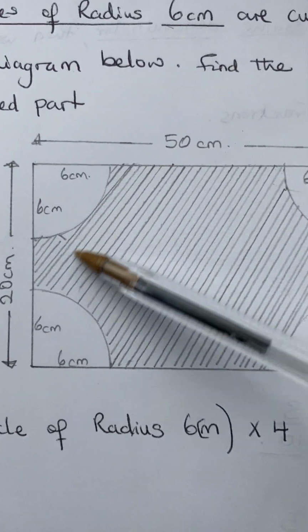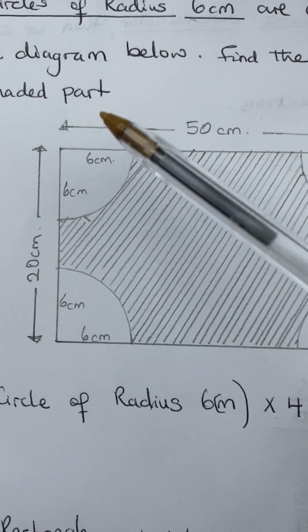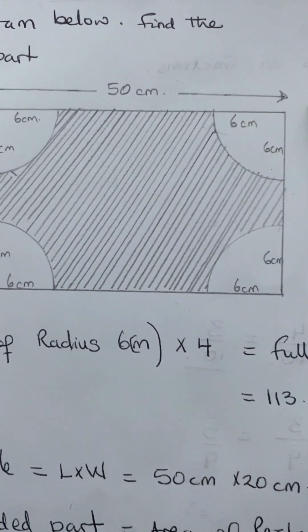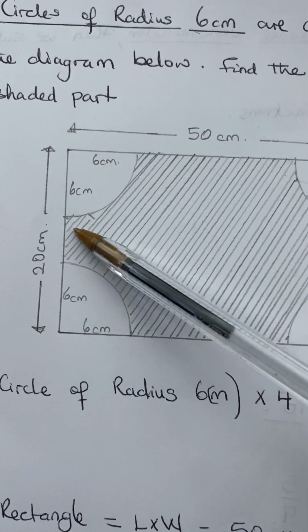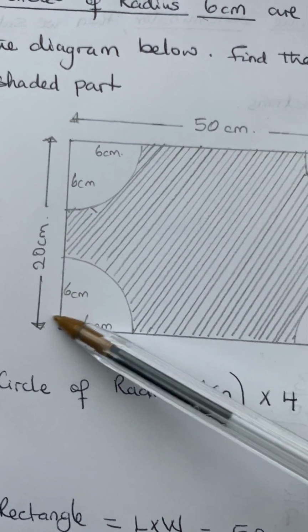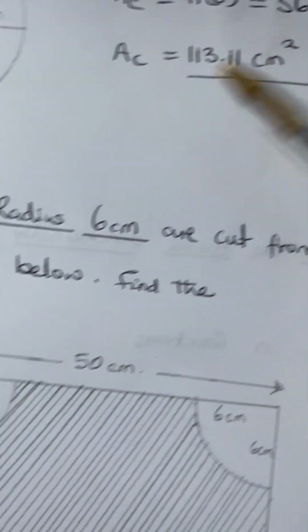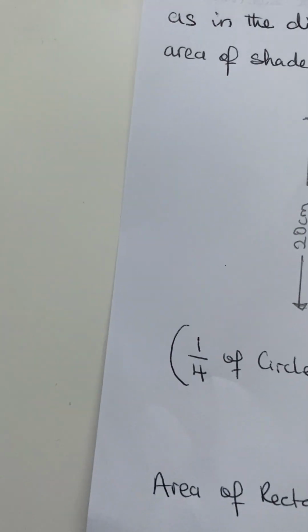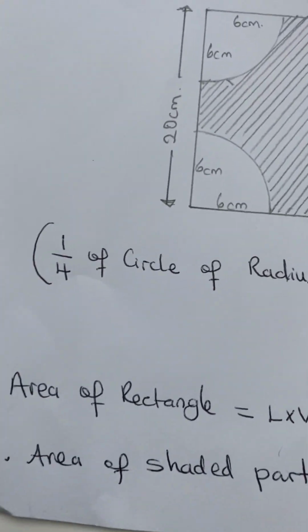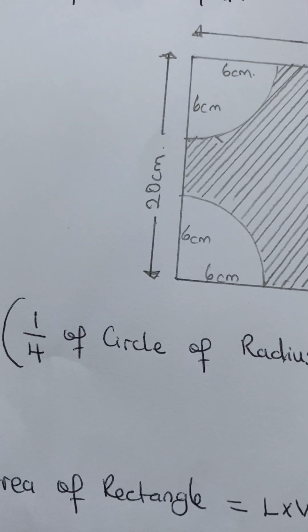They want me to find the area of the shaded part. So I can find the area of the rectangle, 50 by 20 centimeters, and then subtract from what I did earlier, and that will be my answer. As I said, don't be intimidated by the question.